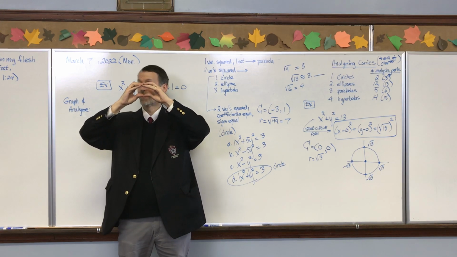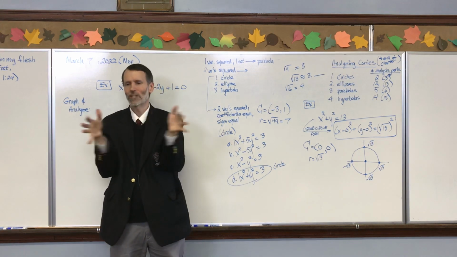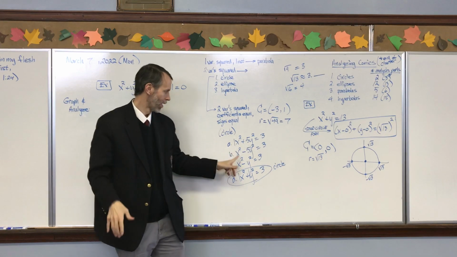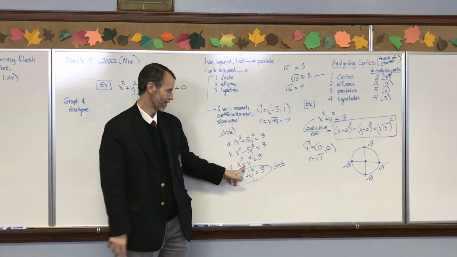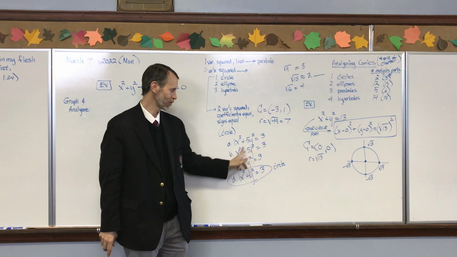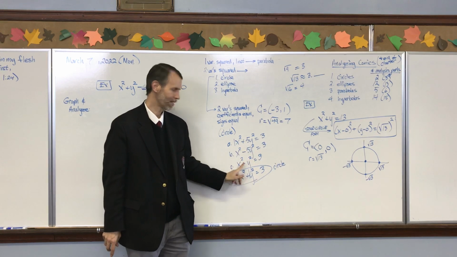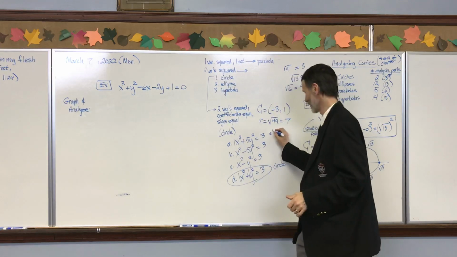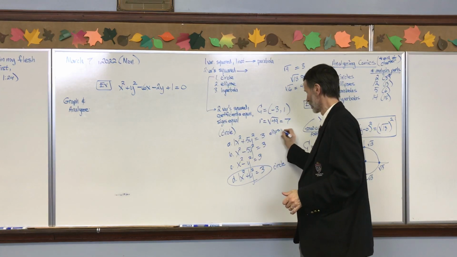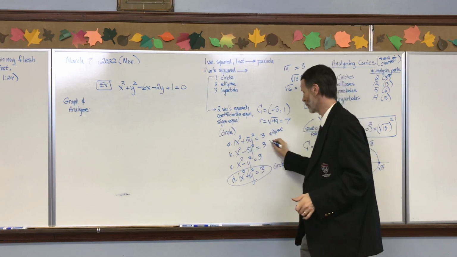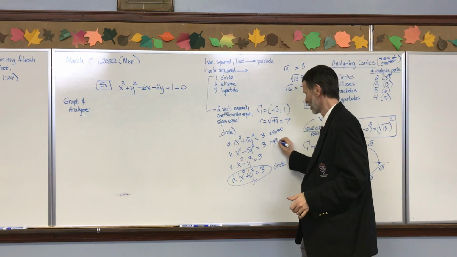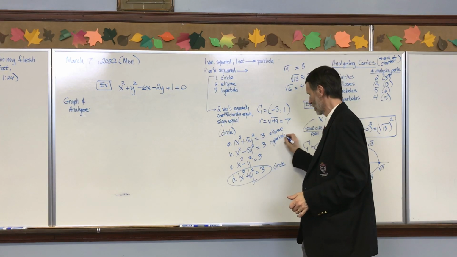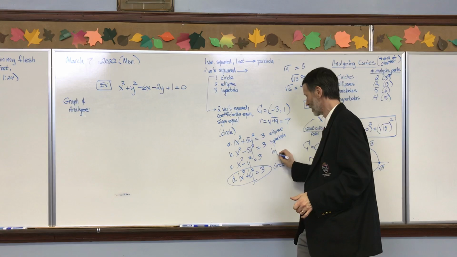It's an ellipse. It's a flattened or stretched out circle. And this one, you notice both squared but minus, both squared but minus. This thing is an ellipse. This is a hyperbola. And this is a hyperbola.